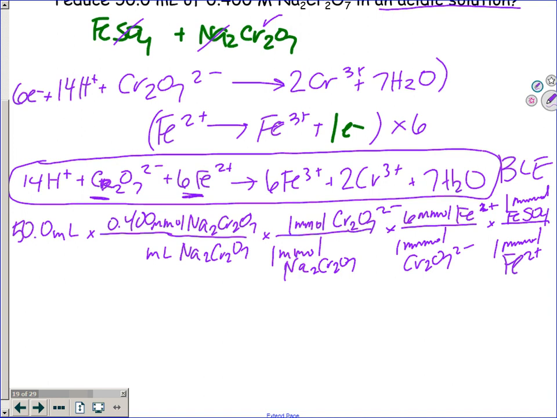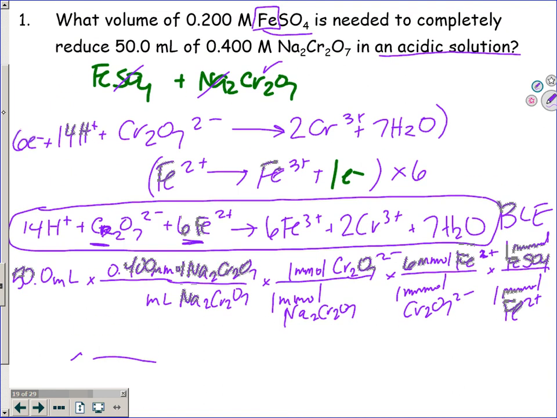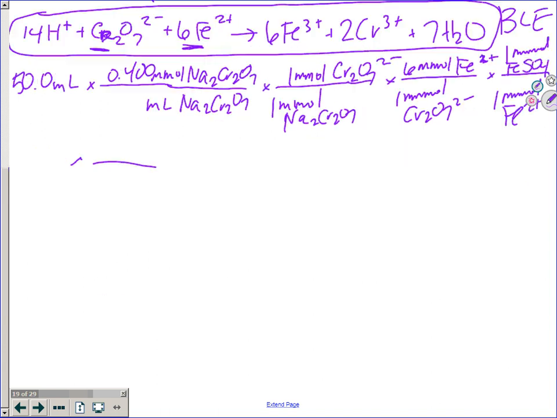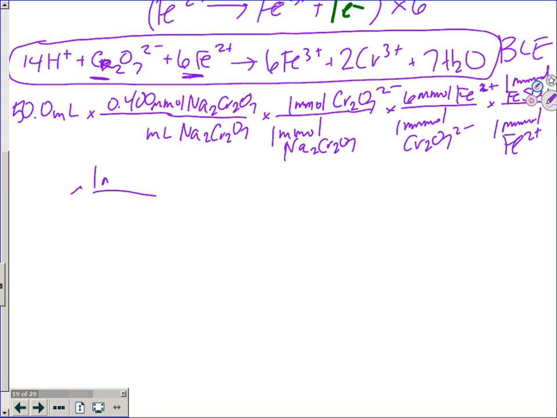And then next up, what was the molarity? 0.2. So how to incorporate that here? 1 milliliter on top and 0.200 iron 2 sulfate on bottom. That's millimoles, by the way.